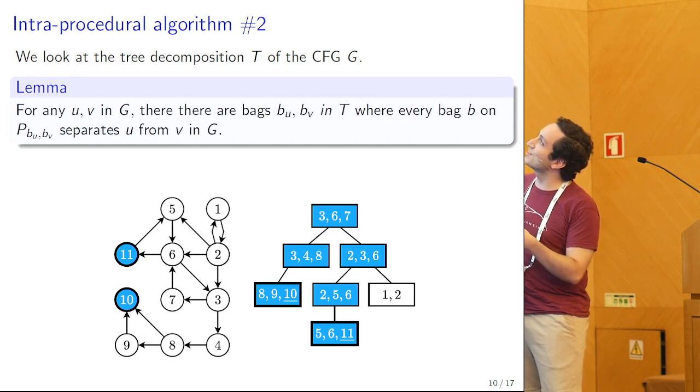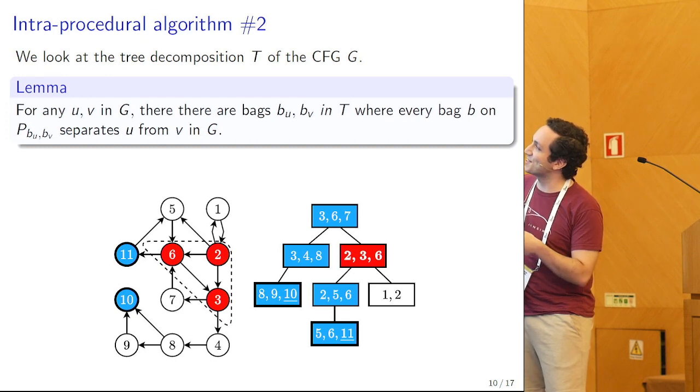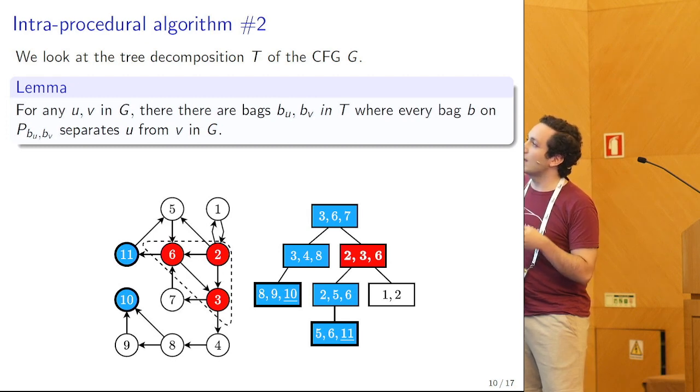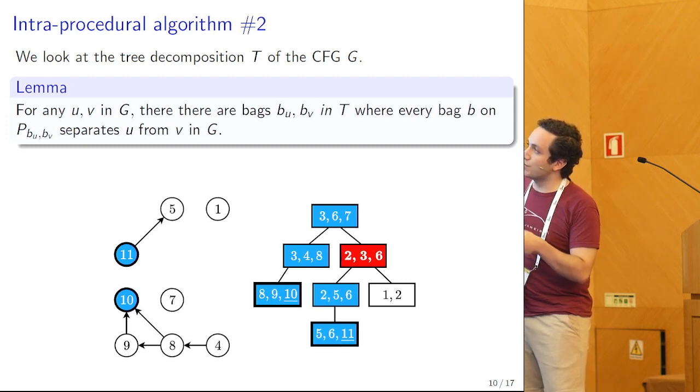This sounds complicated, so let's see an example. If we pick this bag on the path from BU to BV, it would correspond to this cut, and because it's a cut, if we remove it from the graph, U and V are separated.